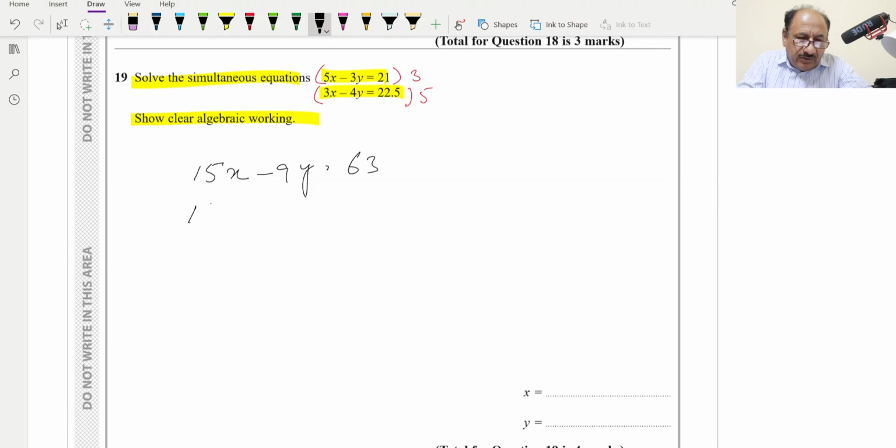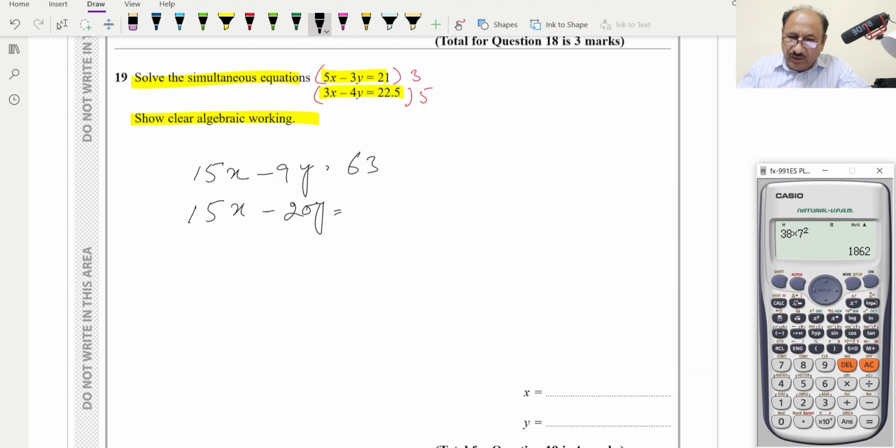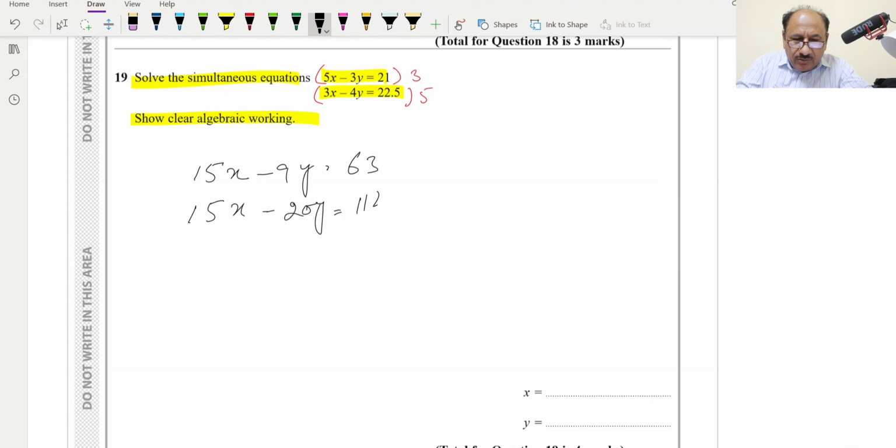and the second equation multiplied by 5 will give us 15x minus 20y will be equal to 22.5 multiplied by 5, which will be equal to 112.5. Now we can subtract, changing sign and cancellations.